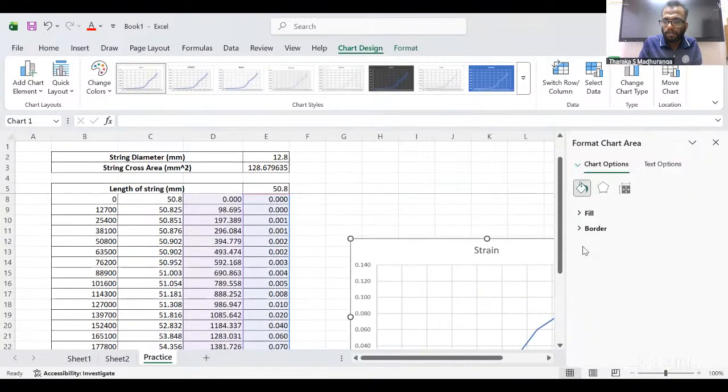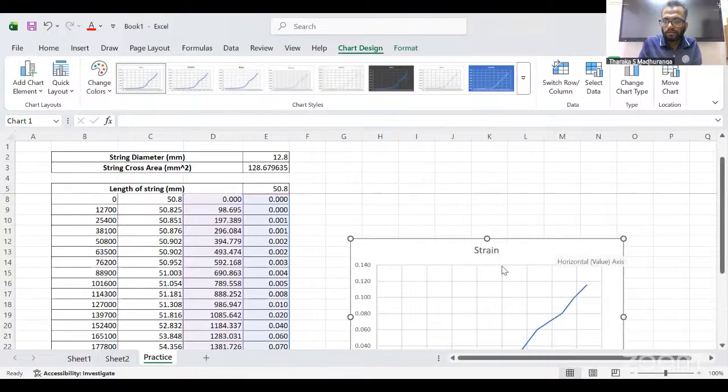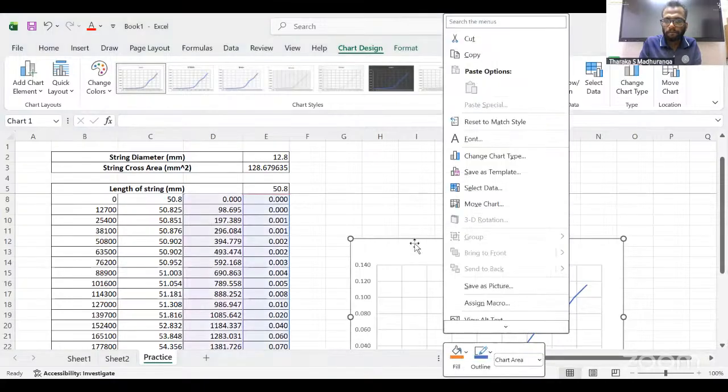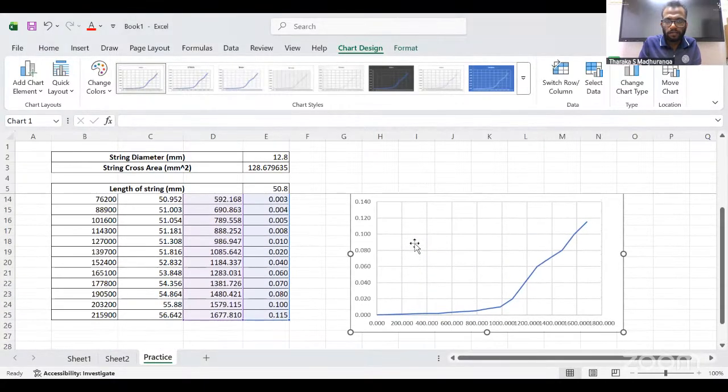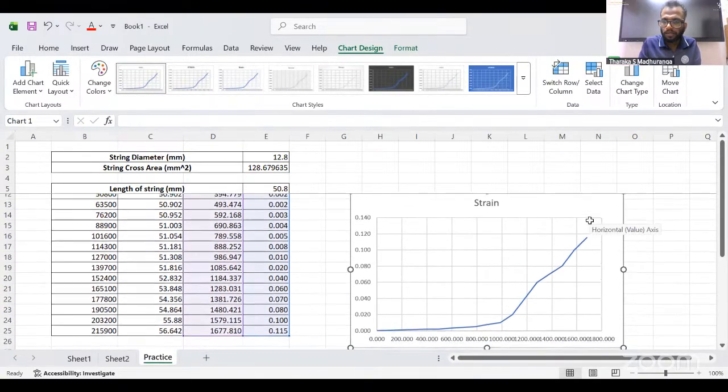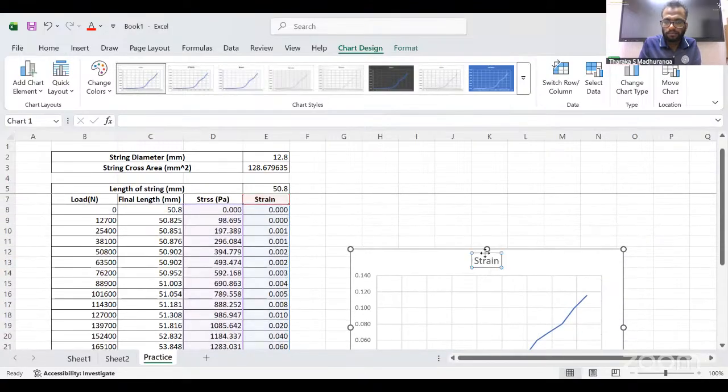You can double click, not double. Where is the edit option? Yeah, you can select any format. I will keep the basic style.